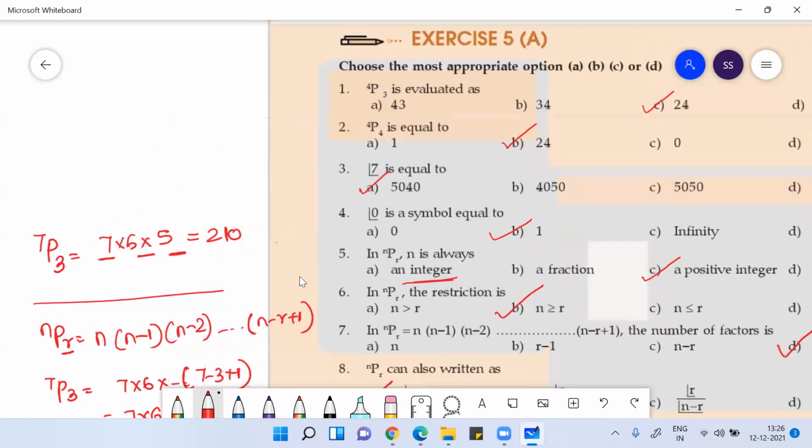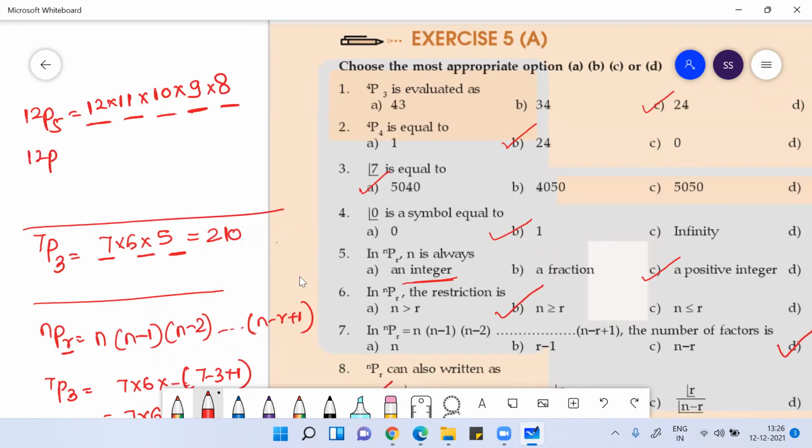If I'm asking you what is 12P5, so 12P5, 1, 2, 3, 4, 5. So you'll write 12 into 11 into 10 into 9 into 8. This is 12P5. The other way you can do 12P5 is 12 factorial by (12 minus 5) factorial, so that is 12 factorial by 7 factorial.